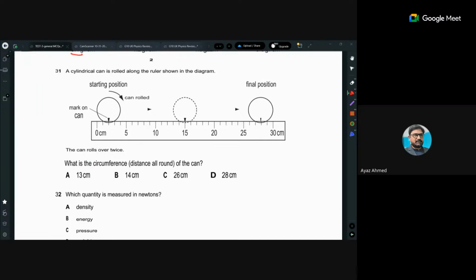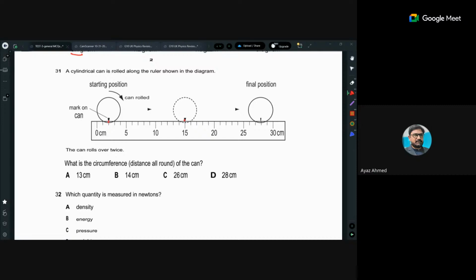Then a cylindrical can is rolled along the ruler shown in the diagram. Question. Yes? Such a weird question. This was such an easy question, no? No sir, weird question, I didn't understand. Okay. Then it rolls over twice. We rolled it two times. So once when it reaches here, it is traveling a distance equal to its circumference. Okay? This is the starting position. This is the ending position.